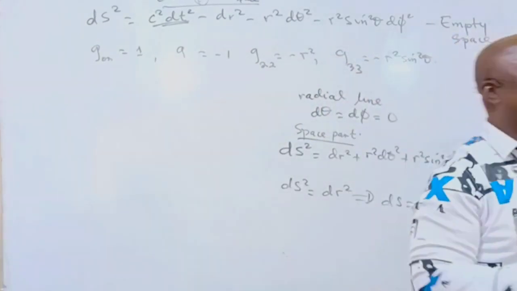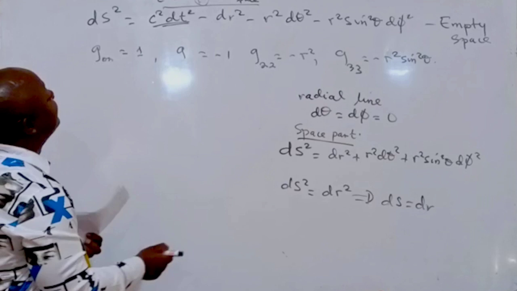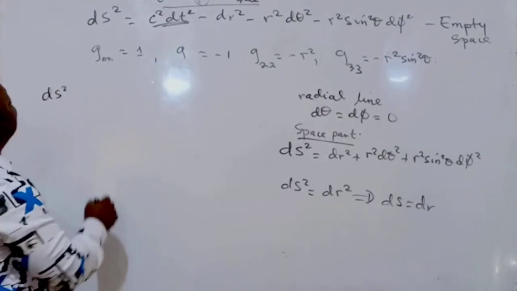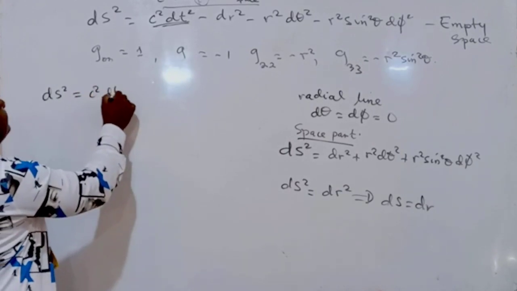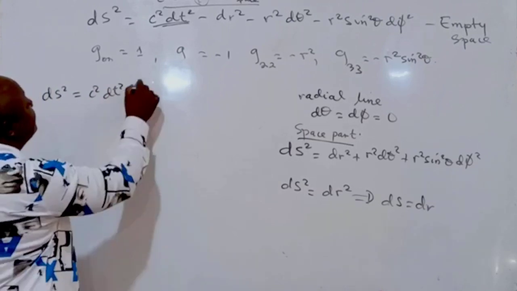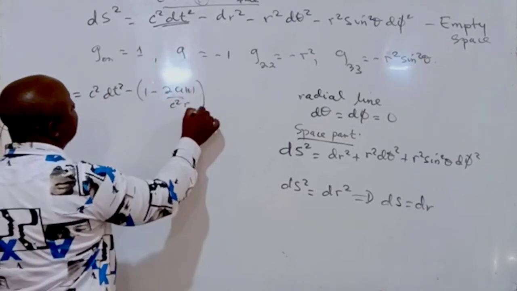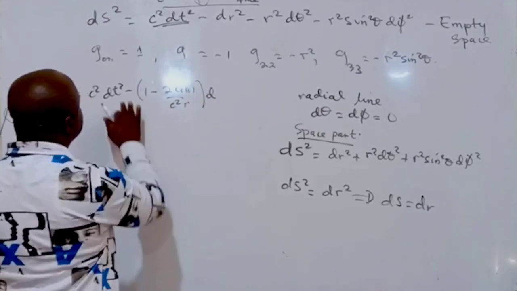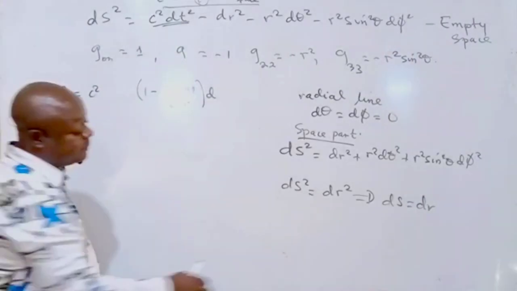Okay. It's okay. So let's look at, in the presence of gravity, the s squared is c squared dt squared minus 1 minus 2GM over c squared r. Okay, this one is supposed to come in here.